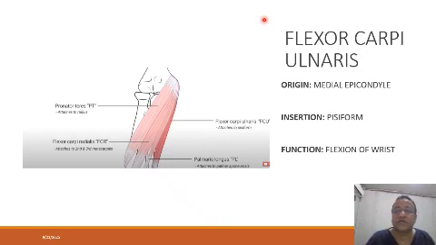These are the superficial layer of the flexor compartment.